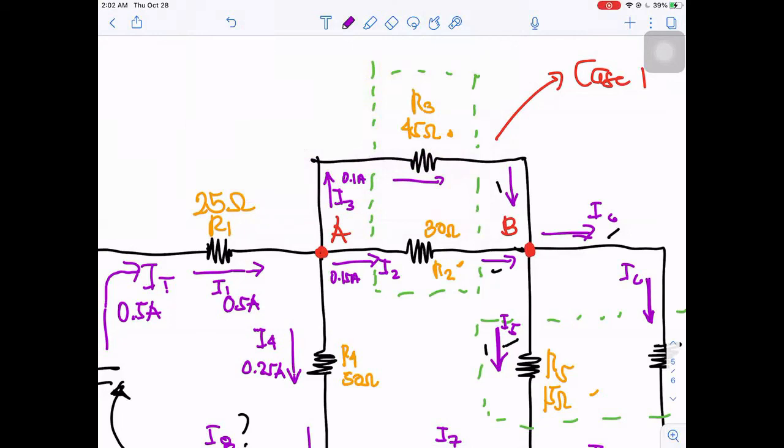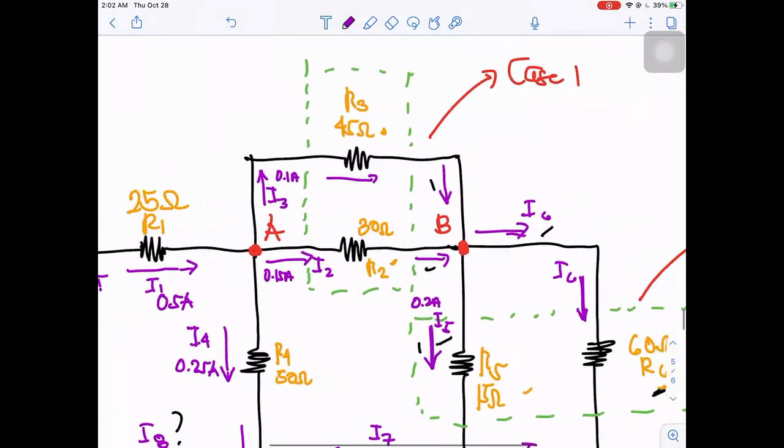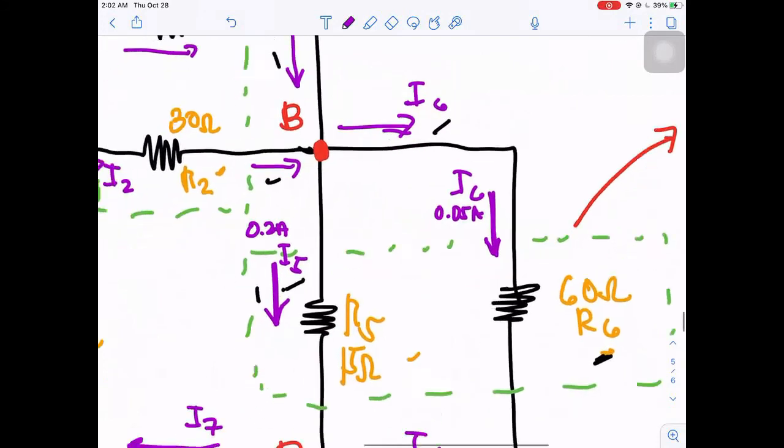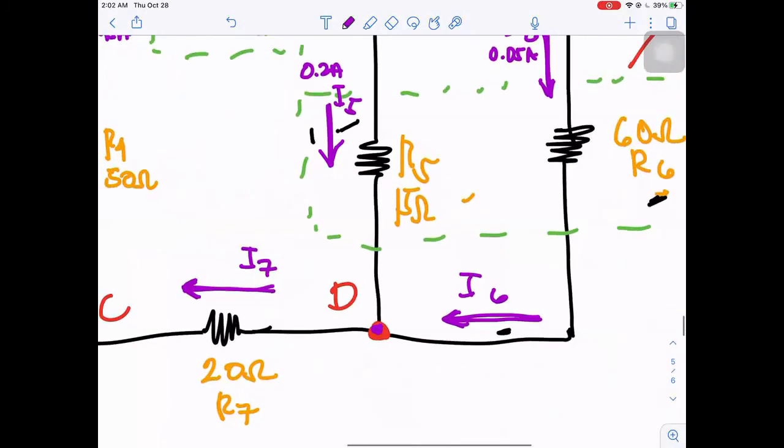Then we have I5 is 0.2 ampere. I6 is 0.05 ampere. And we have I7 that is equivalent to 0.25 ampere.